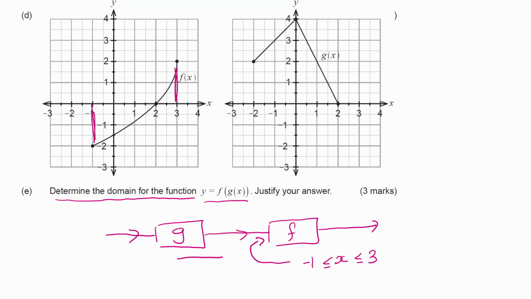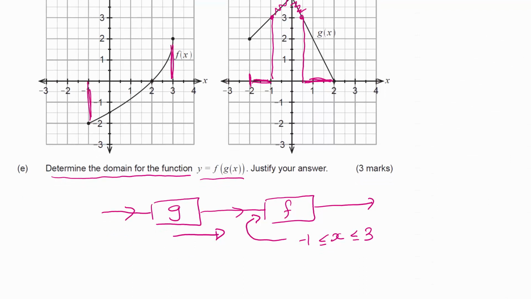So now we're looking at the output from g. We can see that from here to here, the output is above 3. But it's okay in this region and in this region.